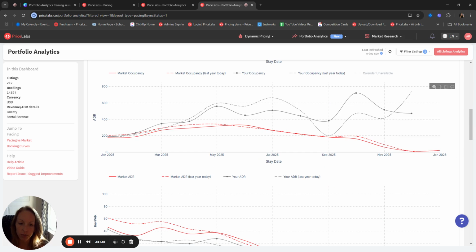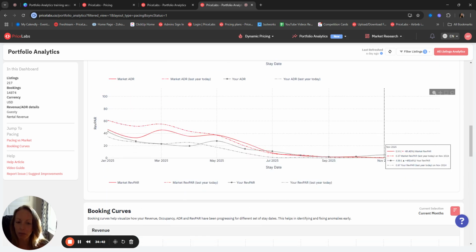So it looks like maybe you've got one booking in here and the ADR is quite high, and that might be what's causing that trend line to pop up for November. So again, maybe you need to back off of some of those November rates. Or maybe you want to hold on to them because it's only January and see if you can continue to book, but certainly something you want to keep your eye on.